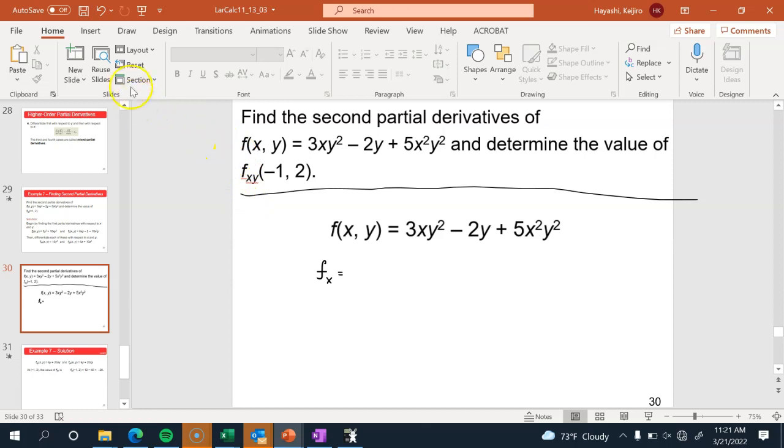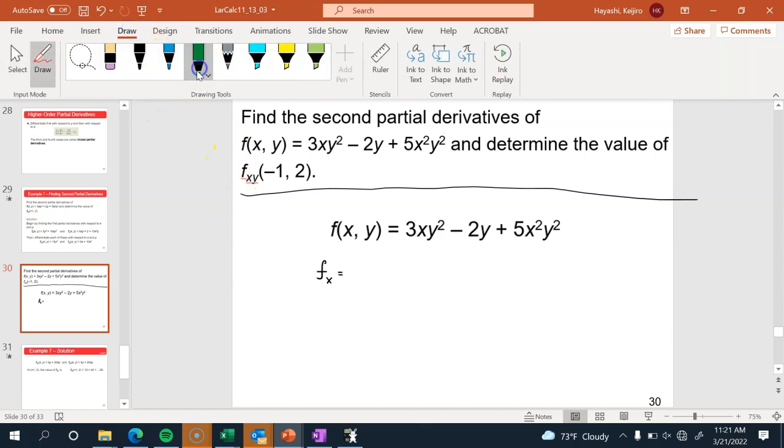So we're going to be looking at the first partial derivatives to begin with. This is f, and we're going to look at the partial derivative with respect to x. I'm sure you guys know by now, but y is constant when we take the partial derivative with respect to x.